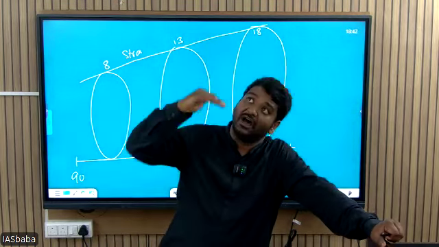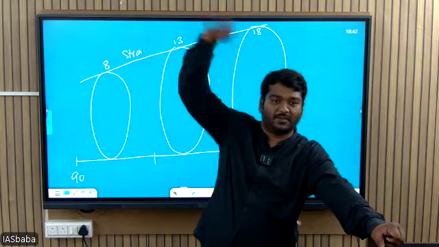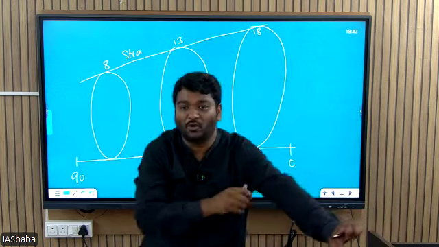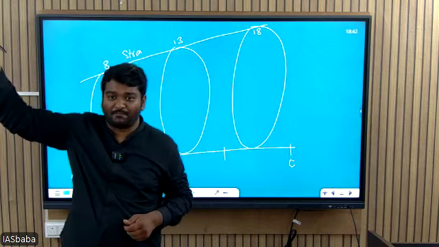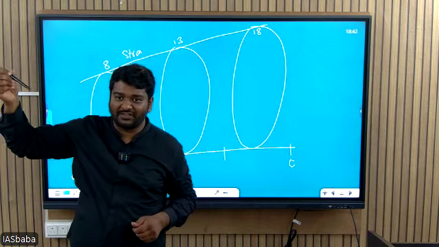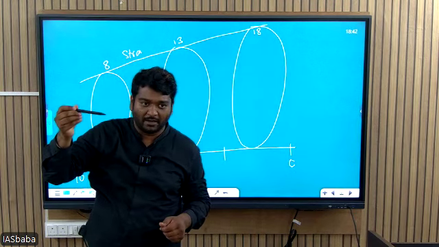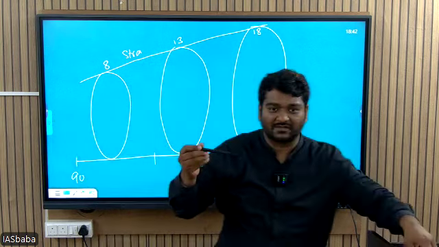Controlled airspace, uncontrolled airspace. Uncontrolled airspace will be anything, anywhere. But till 12, what is the meaning of controlled? Let us say someone is trying to come into my territory. As soon as they come in, I will ask who you are. I will have radars.